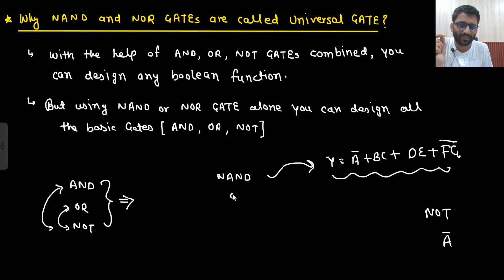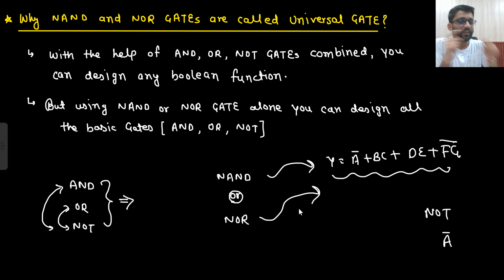So what should I write? In smaller letters I am writing or. Or if I give you only NOR gate and I ask you, can you design this function? Then your answer will be yes. So alone NAND gate is enough to make any Boolean function. Alone NOR gate is enough to make any Boolean function. So that's why they are called universal gate.